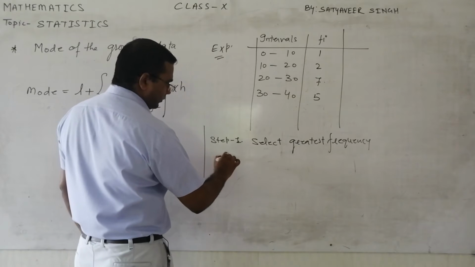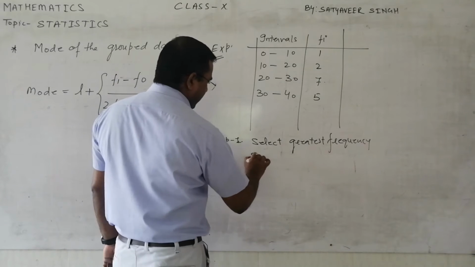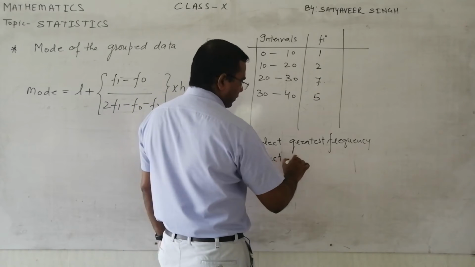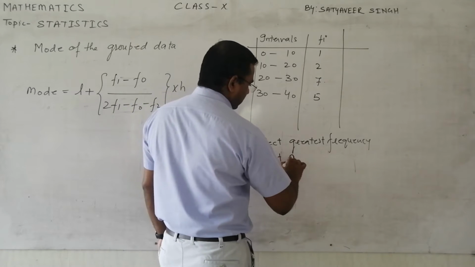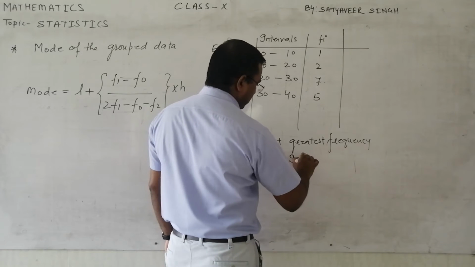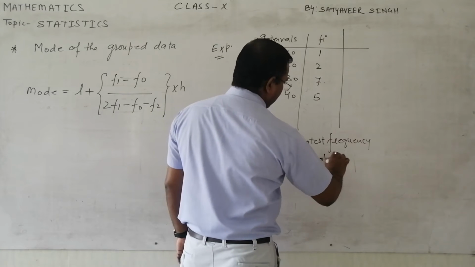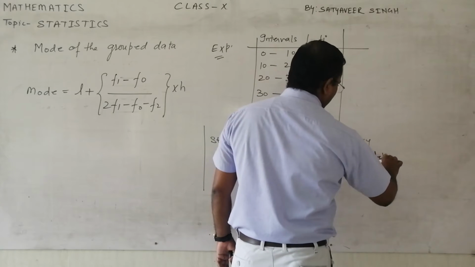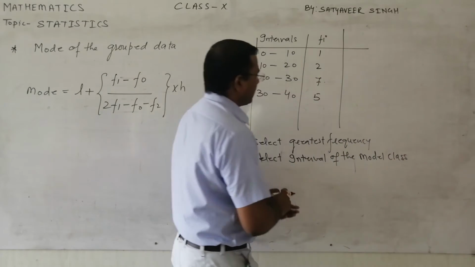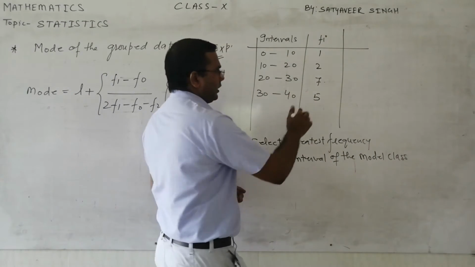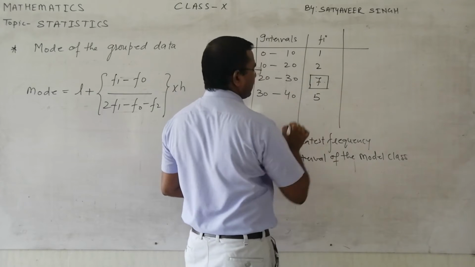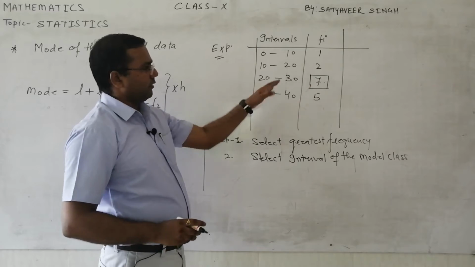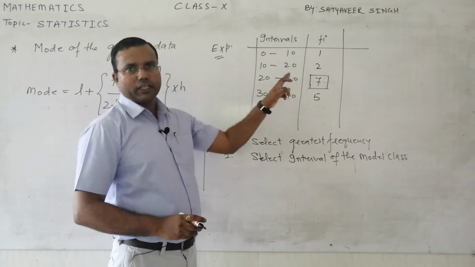Then step 2, select the interval of the modal class. That is, if you have selected 7 because this is the greatest number here, then the interval in front of the 7 is called the modal class.